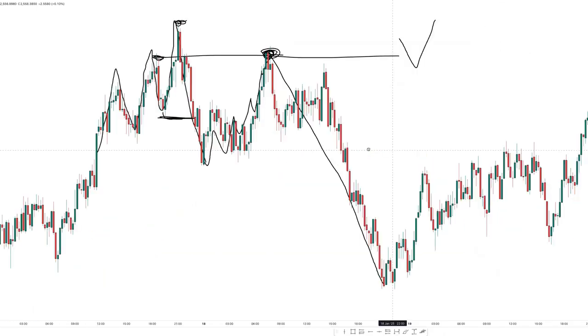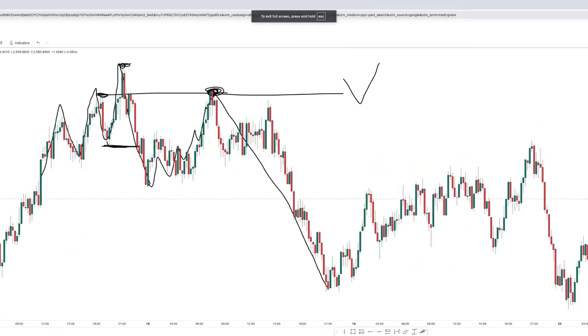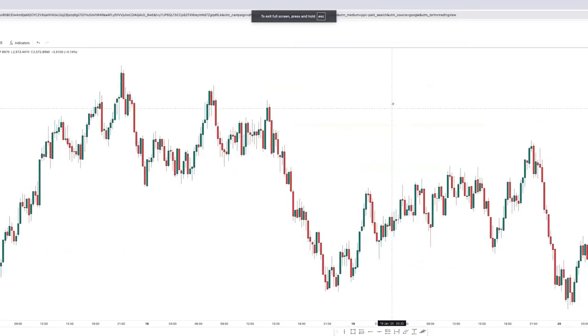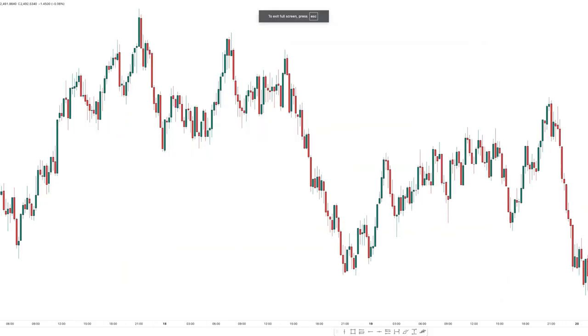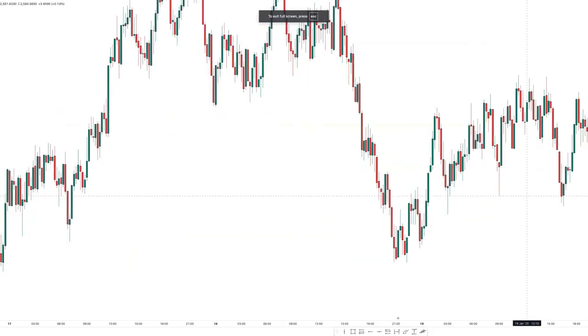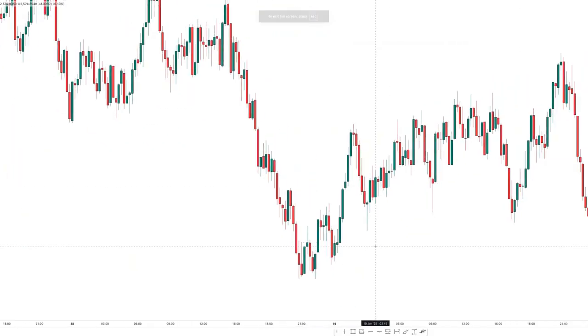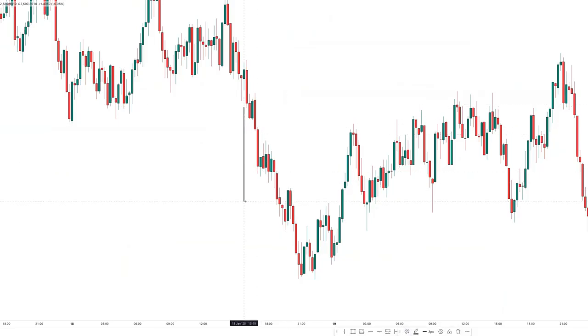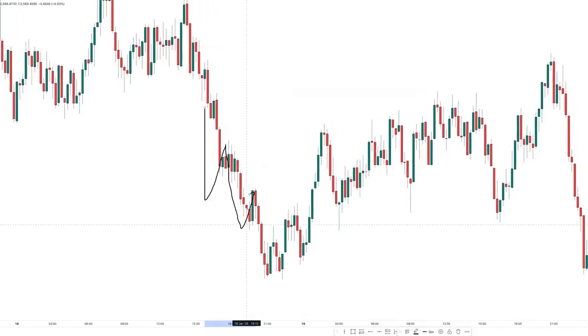Let's try to add another example. We also have another example right here. What happened is that price had a downtrend, and at this time price made some lows, then we came to break structure right here.